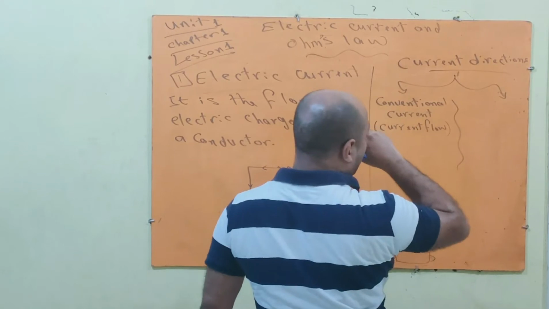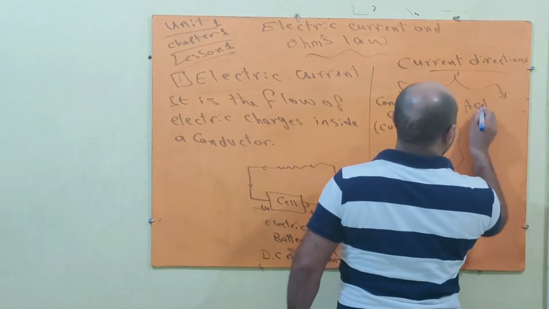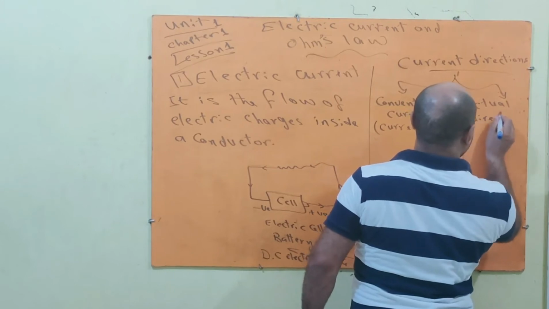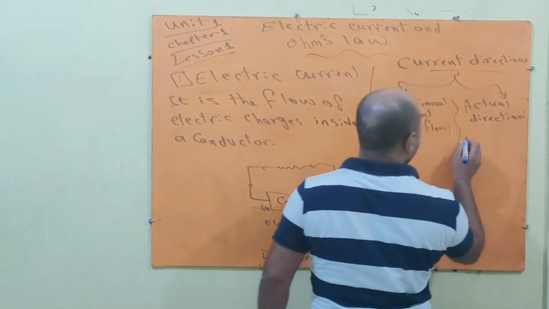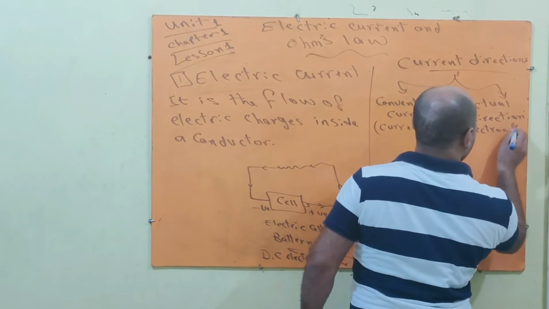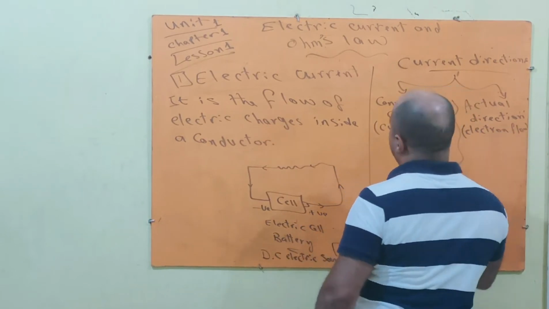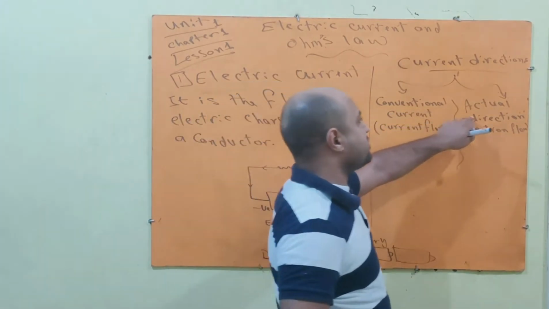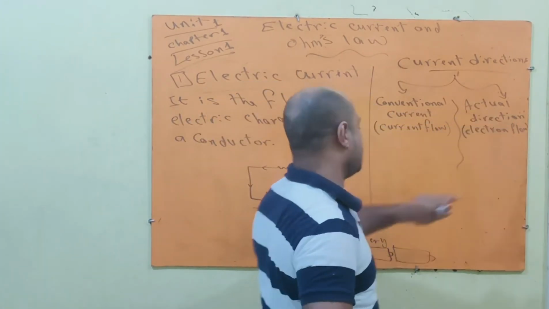The other type is called actual direction, or it's called electron flow. You should learn that the conventional current is always in opposite direction of actual current.